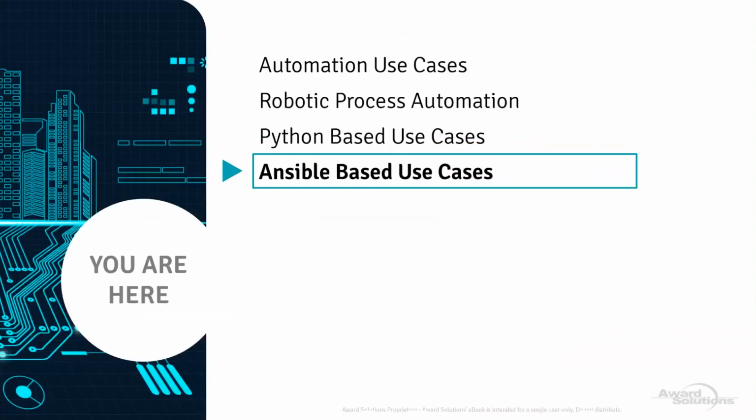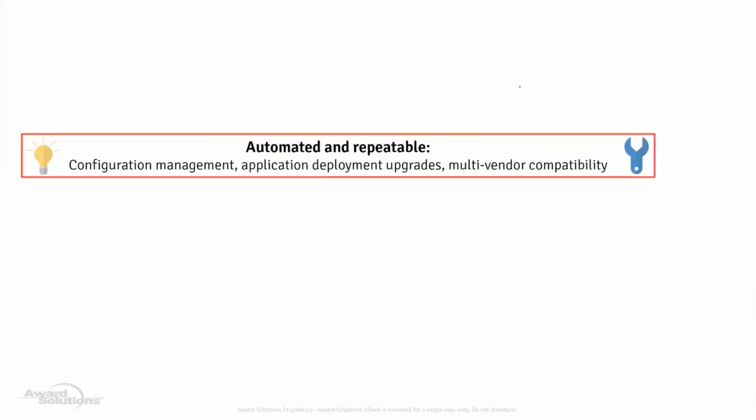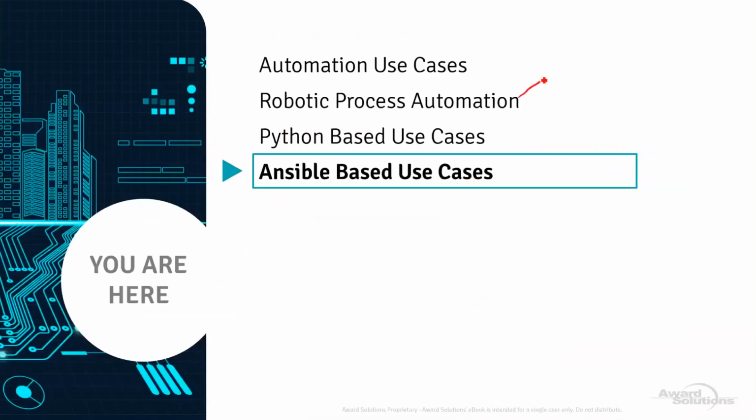So if we think about this for a second, the problem that robotic process automation is trying to solve is really that chair swivel. The problem that Python is trying to solve is more of those general use cases, data manipulation.